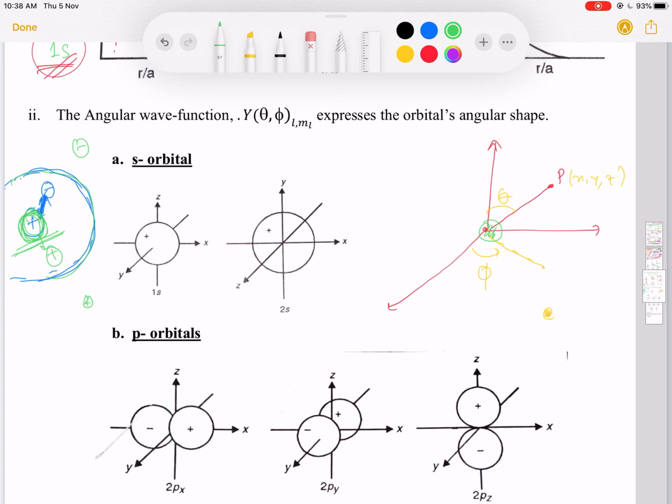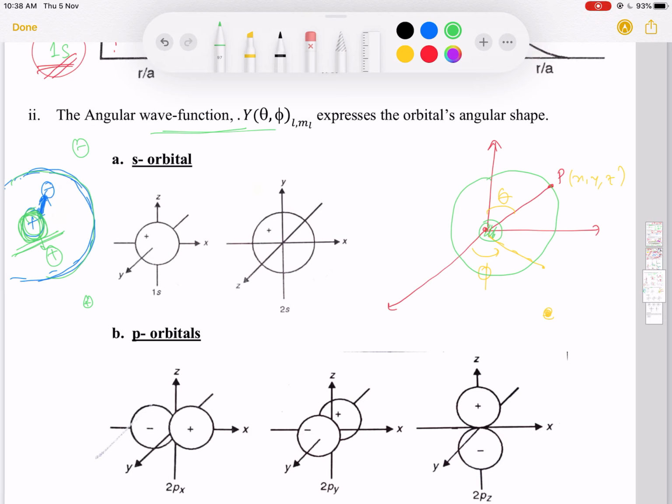That boundary region up to which the force of the nucleus is acting is given by the angular wave function, and those boundaries are called boundary surface areas.